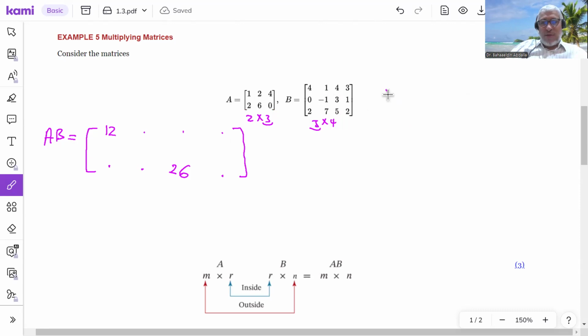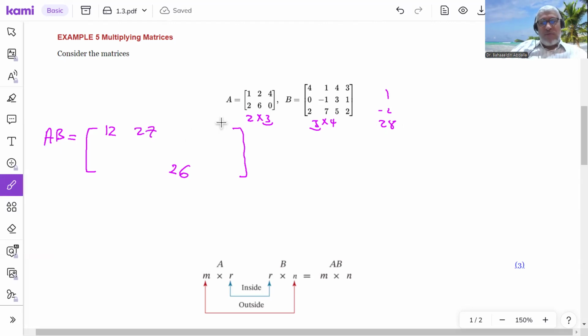1 times 1 is 1. 2 times negative 1 is negative 2. 4 times 7 is 28. So the answer is 27. Let us remove these points. So this is 27.